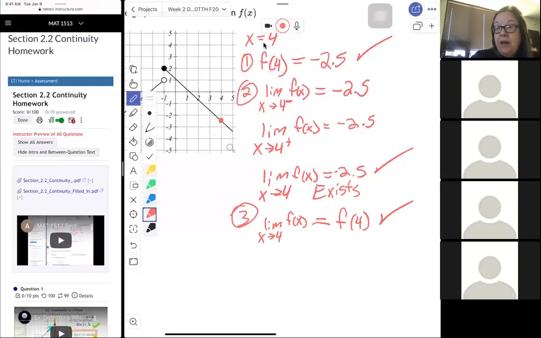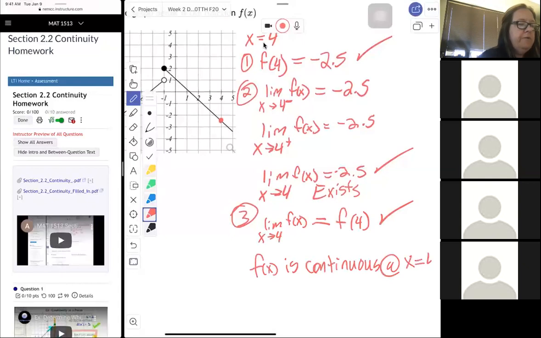They all check, and what that means is that f of x is continuous at x equals 4.